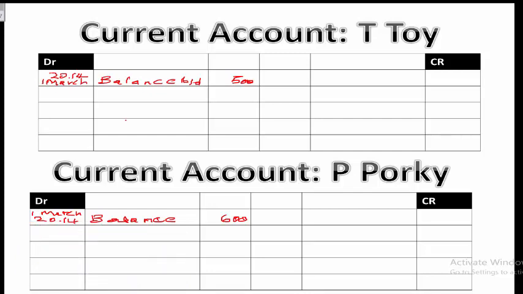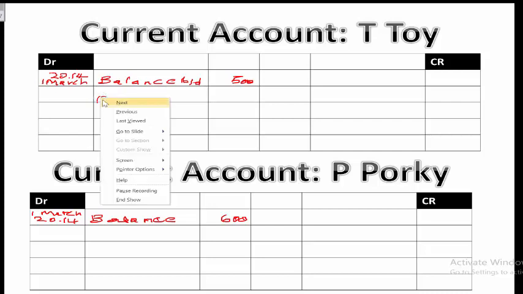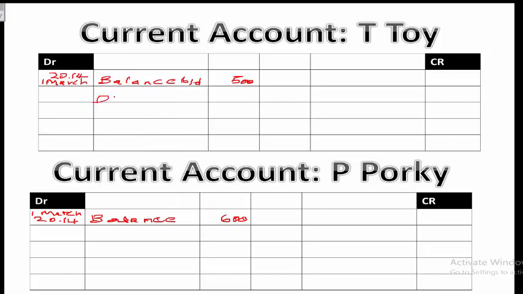So the necessary adjustments that need to be made in this regard for drawings, drawings, right?